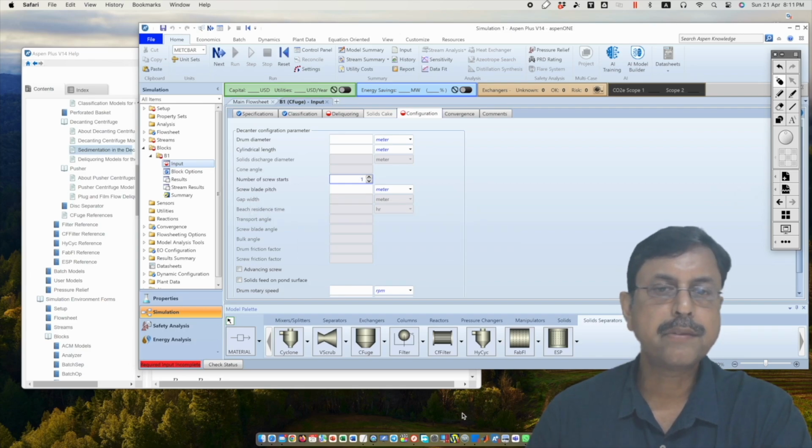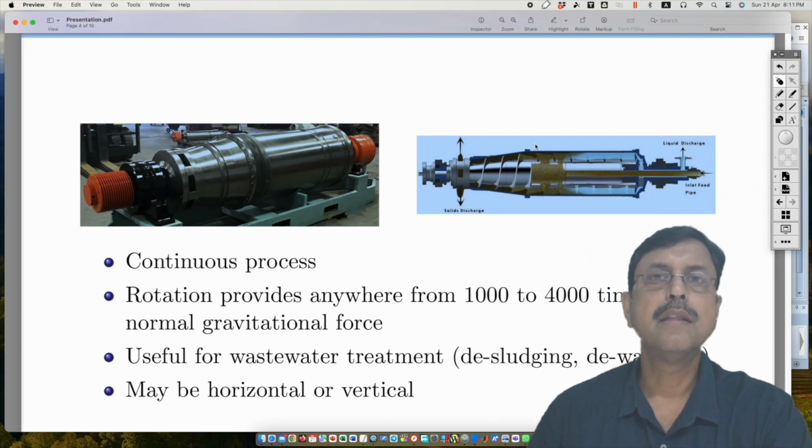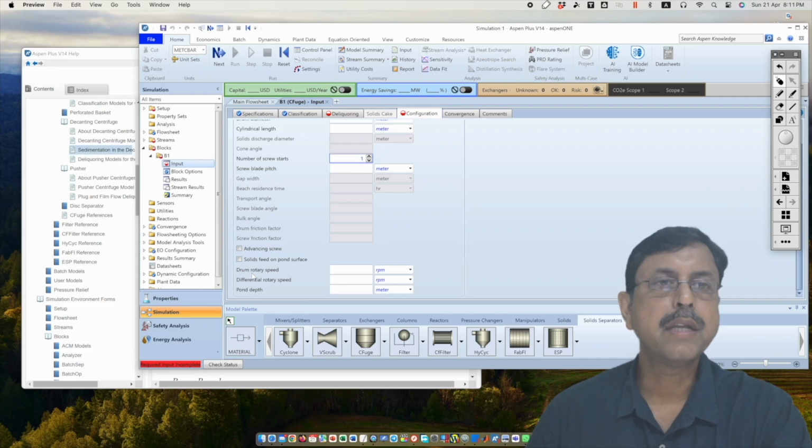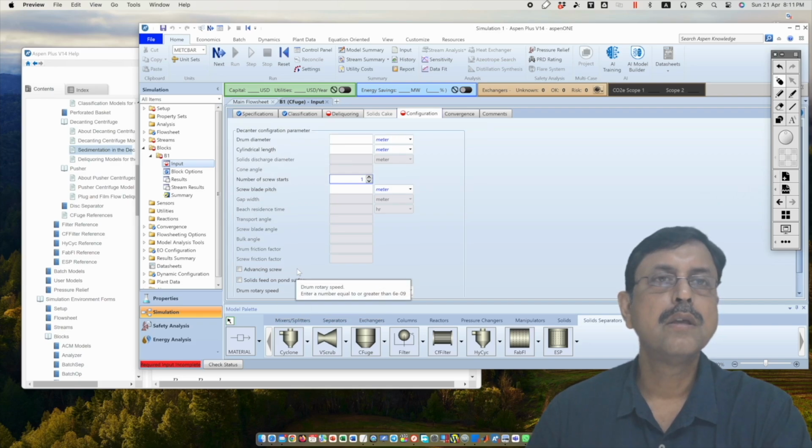Screw blade pitch means you have seen the screw blade. These are the screw blade, okay? And pitch means the distance between them. So screw blade pitch and the rotary drum speed, the differential rotary speed, pond depth. So those information you have to provide.